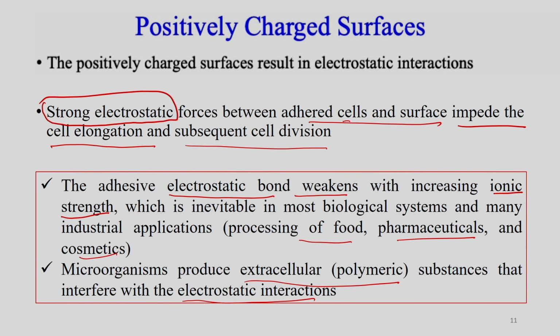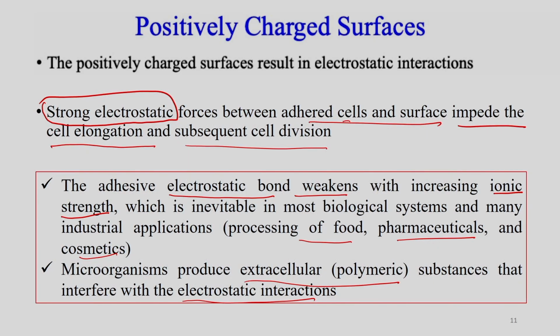So, in principle, if you have a positively charged surface which can generate strong electrostatic interactions, then it is going to inhibit biofilm formation. But in real applications in biological systems, we are going to have solvents or buffer solutions which will have many salts.